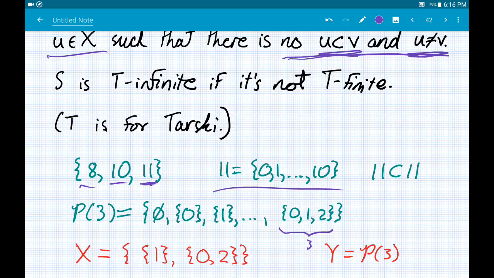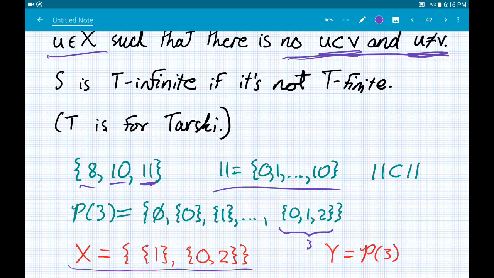It'll contain the smallest subset, which is the empty set, the largest, which is the set itself, in fact the number 3, and it will contain everything in between. Now, we want to think about picking an arbitrary subset of this. So imagine that we take x to be the set of {1} together with the set {0, 2}. This is an arbitrary subset of the power set.